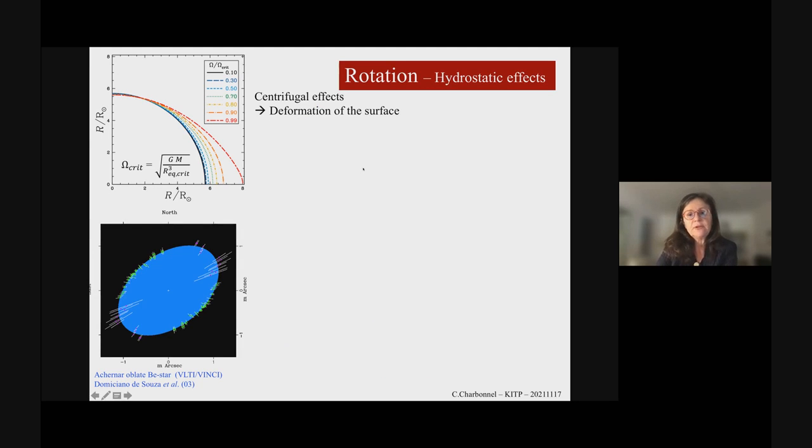So before discussing the mixing, I would like to emphasize a couple of additional effects that people sometimes overlook. When you have strong rotation, the centrifugal effects are going to deform the surface of the star. And this is something that we observe. Here you have a real star, a B-type star, which is really oblate, and it's a very fast rotator. This is due to the deformation through the centrifugal effects, which are reproduced here, where you see the polar radius and the equatorial radius for different values of the angular velocity with respect to the critical velocity, which is defined here.